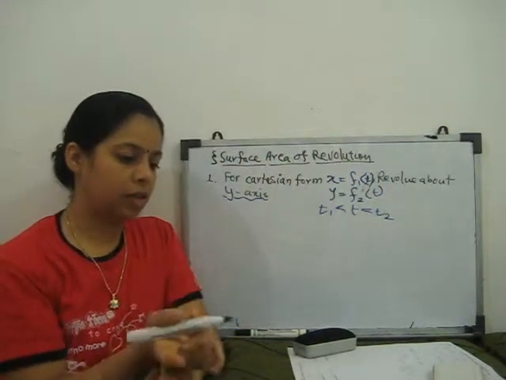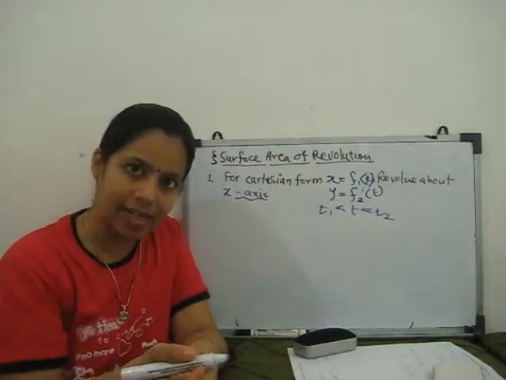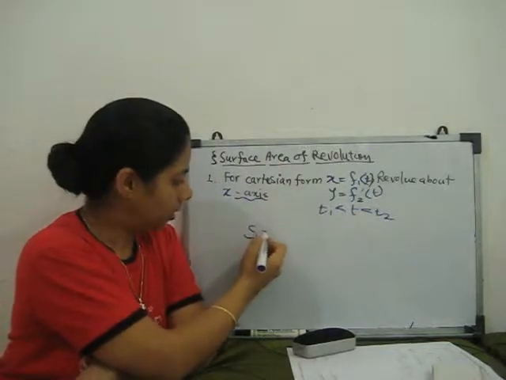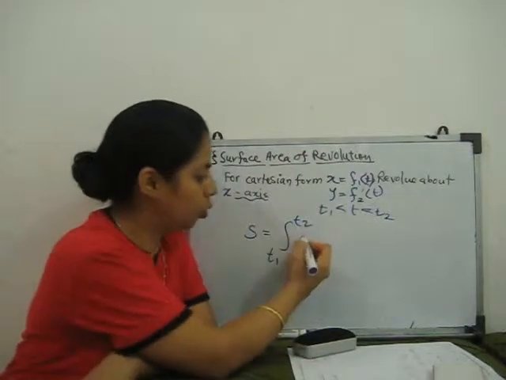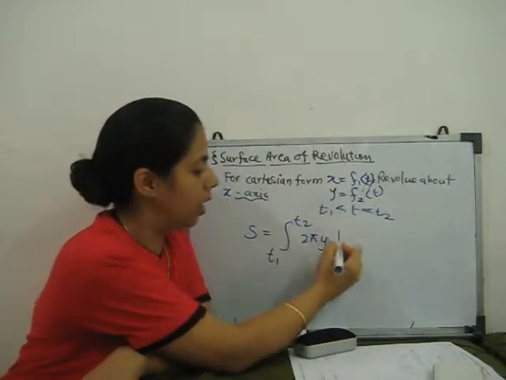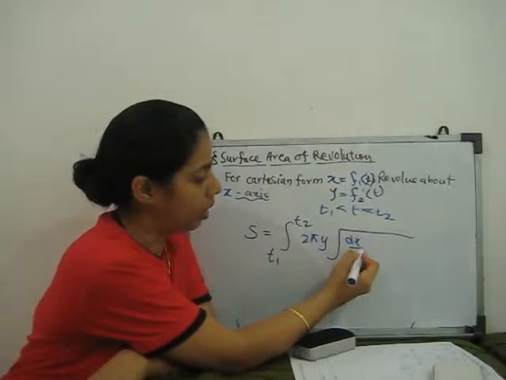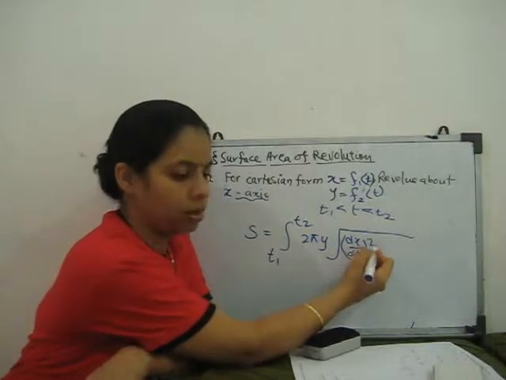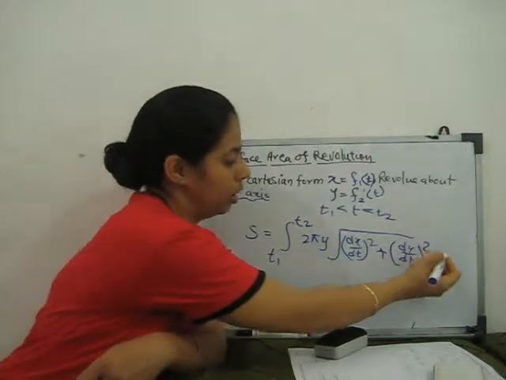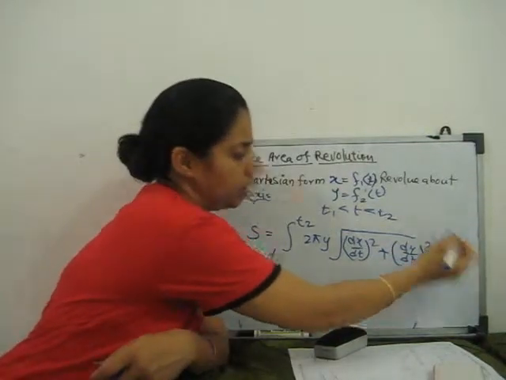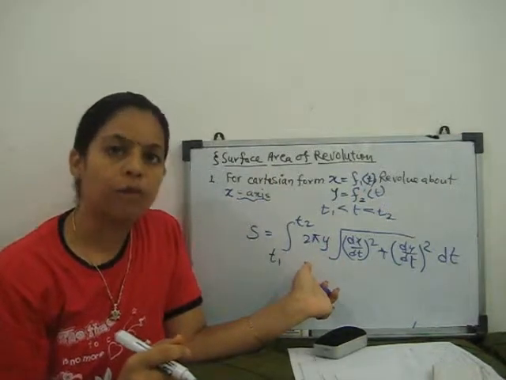Then the surface area for revolution about the x-axis is S equal to the integral from t1 to t2 of 2 pi y times the square root of (dx/dt) whole squared plus (dy/dt) whole squared dt. So this is the surface area of revolution for a parametric curve.